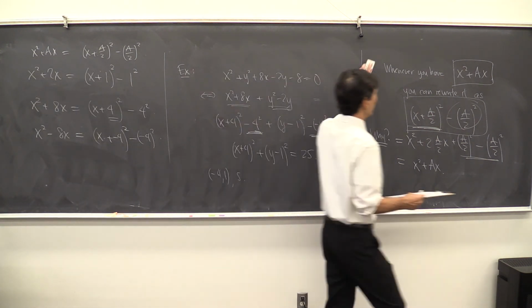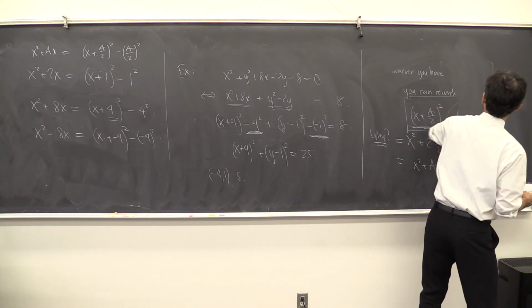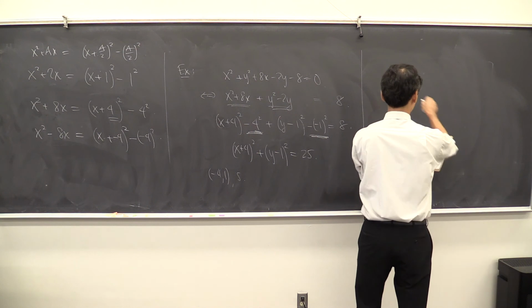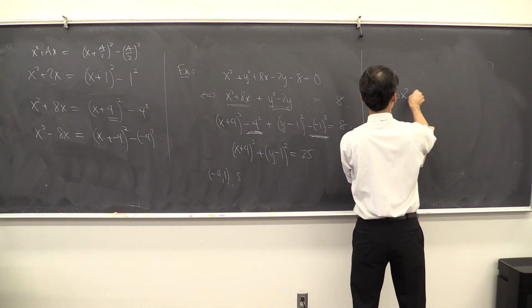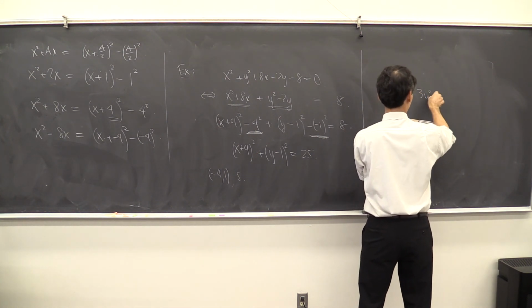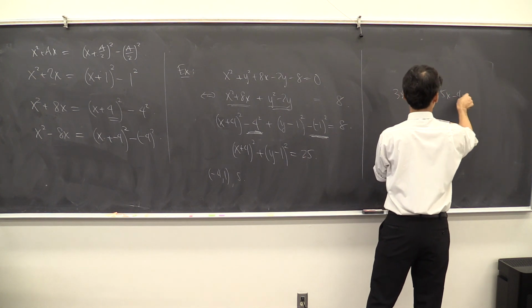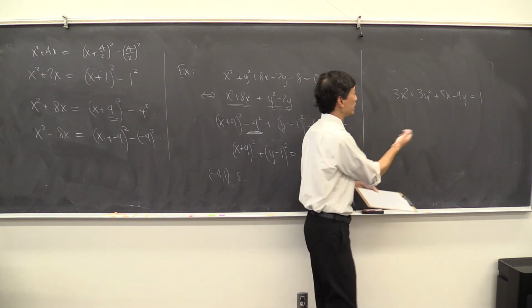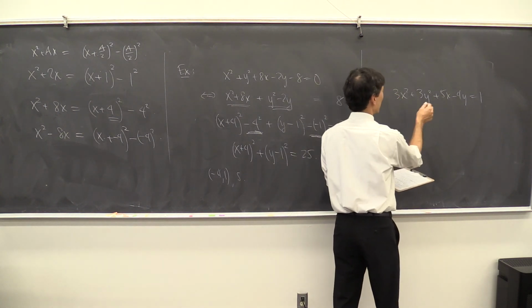In the homework, it'll be slightly more complicated. They'll have something like 3x squared plus 3y squared plus 5x minus 4y equals 1. The thing to do at this point would be to just divide by 3.